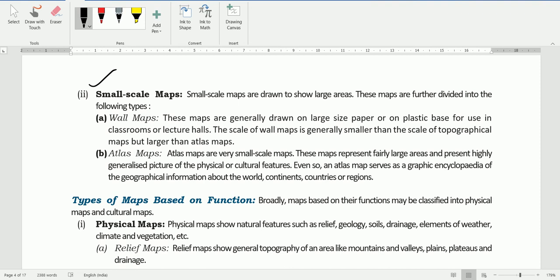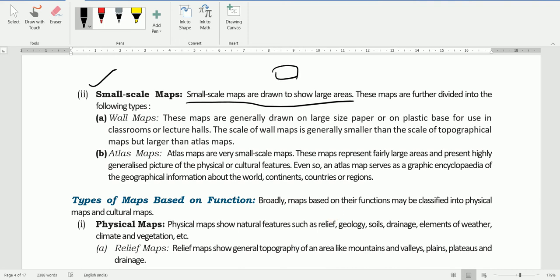Small scale maps are drawn to show large areas. So in this case, a large part of the earth surface will be represented on a small sheet of paper. In case of a large scale map, a small piece of land is represented in detail.